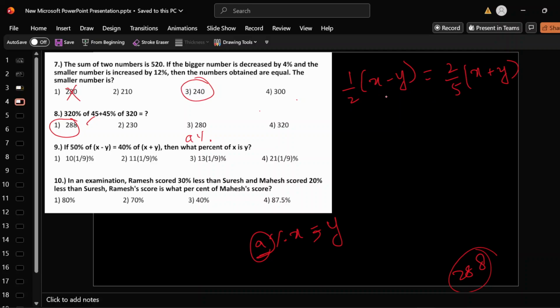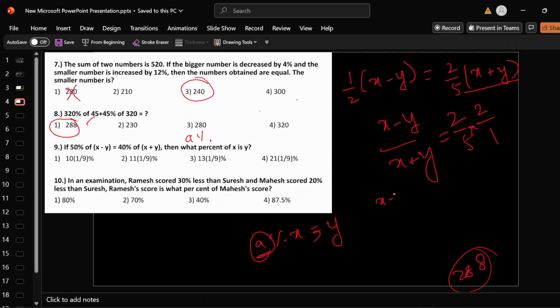So if we simplify, x minus y by x plus y is equal to 2 by 5 into 2 by 1. What I have done is I have moved x plus y to the left side and moved 1 by 2 to the right side.